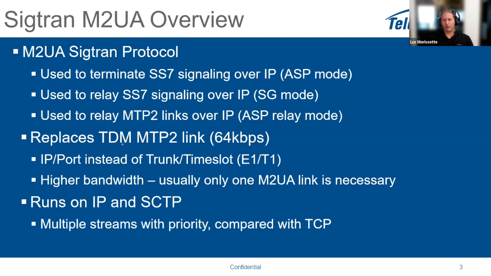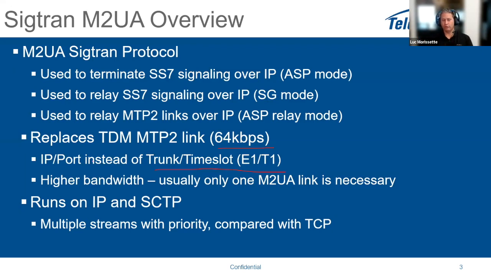The SIGTRAN M2UA protocol replaces the MTP2 links. So instead of having MTP2 links, you have your M2UA links. It has the same functionalities. The MTP2 links are usually 64 kilobit per second, and carried over trunks, T1, E1s, and time slots. So a 64 kilobit per second time slot.